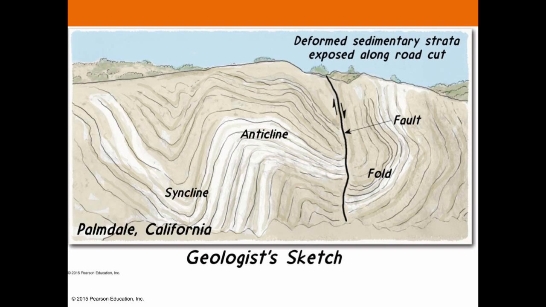Take a few seconds, go back to the original image, and trace that white band if you can. You will notice where the geologist's sketch has a fault zone, that is where the white band itself disconnects.